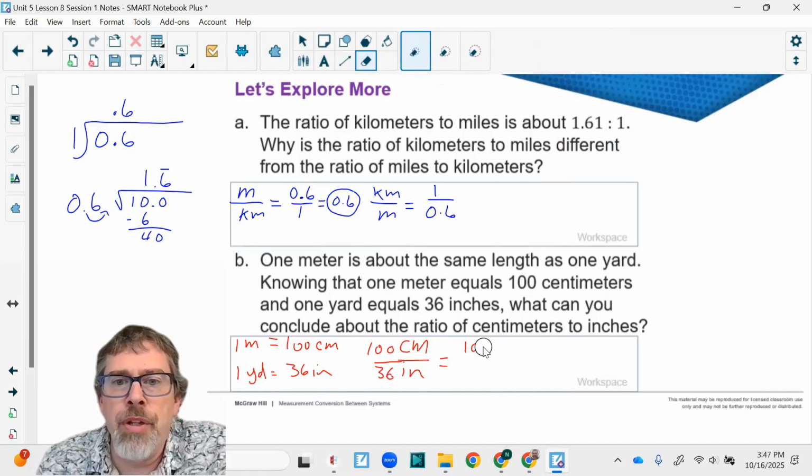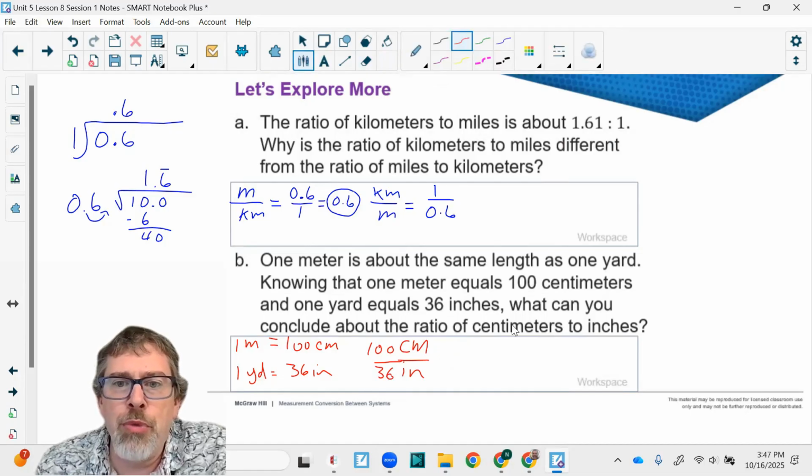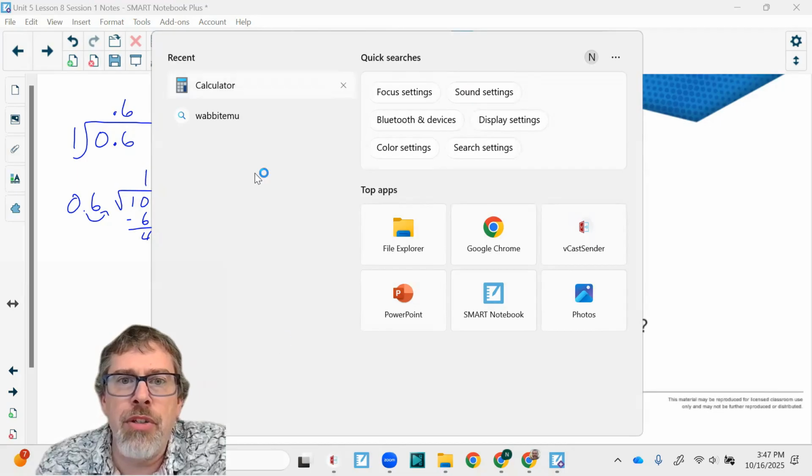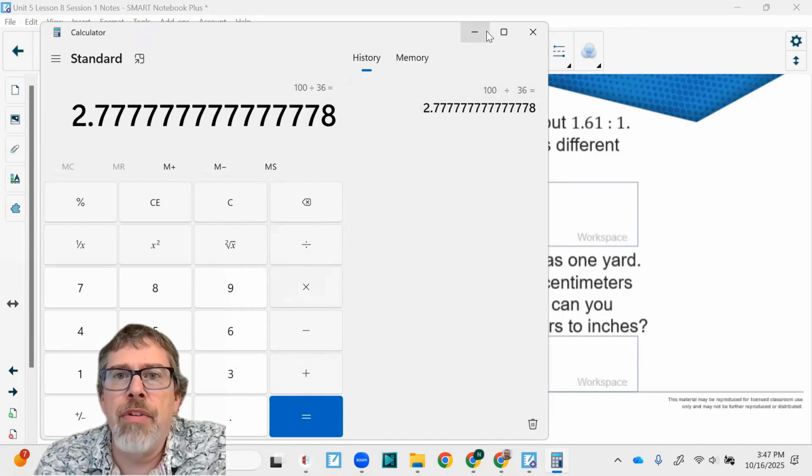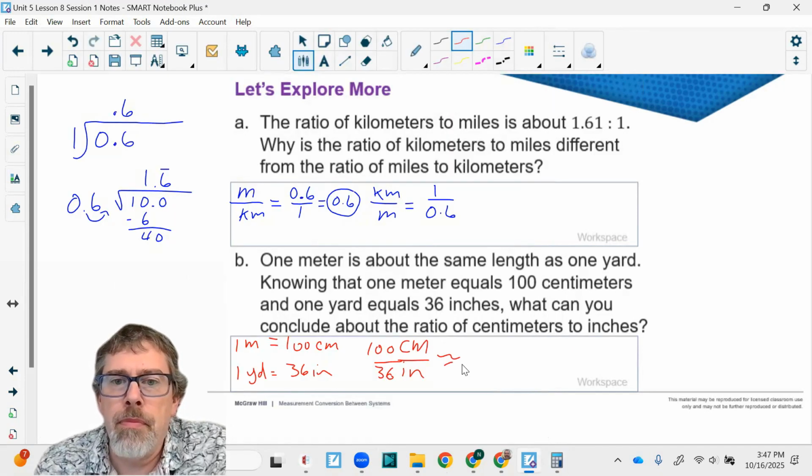Actually, I just wrote it there, so I don't need to write it again. So it says, what can you conclude about the ratio of centimeters to inches? Okay. Well, let's just use the calculator here. 100 divided by 36, just to save time. 100 divided by 36 is 2.7 repeating. Okay, or actually that'd probably be about 2.8. 2.7 repeating rounds to 2.8 centimeters per inch.